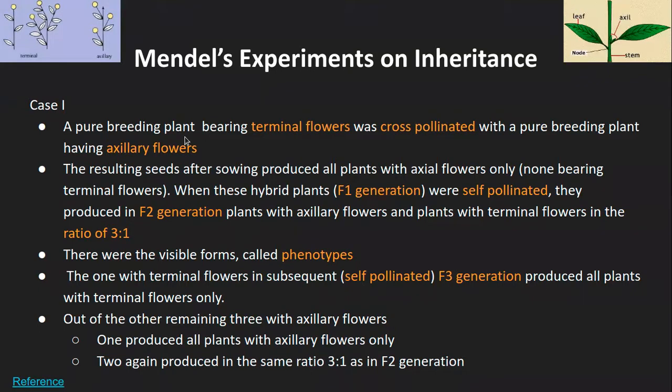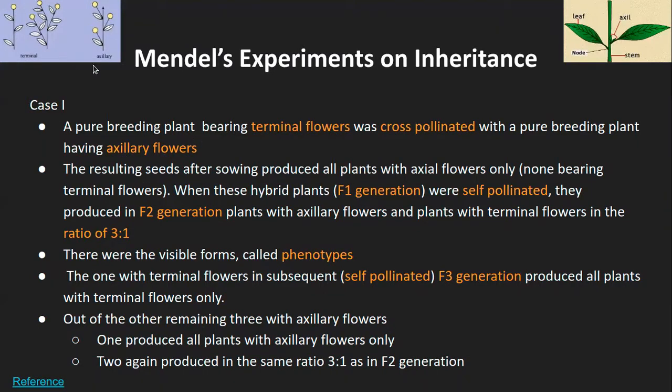So in case 1, a pure breeding plant. Now I hope you have understood what a pure breeding plant is. So a pure breeding plant bearing a terminal flower was cross-pollinated with a pure breeding plant having axillary flower.